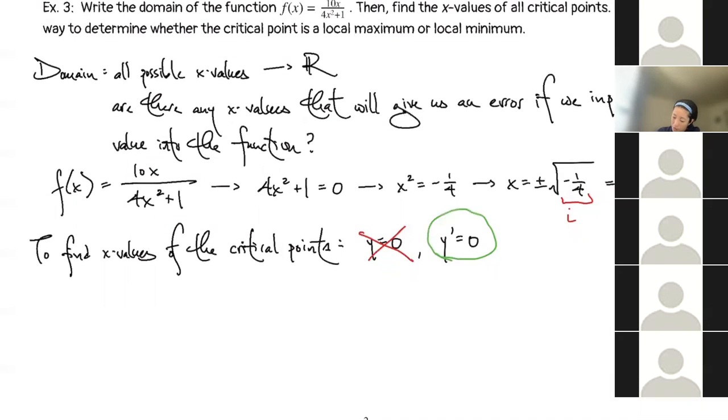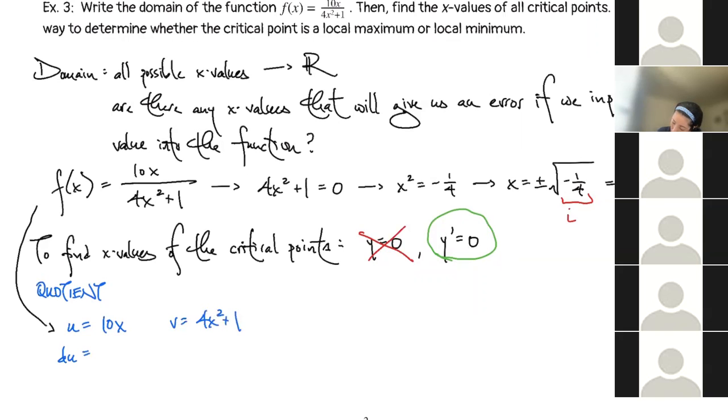So let's grab our function and you folks tell me what rule or rules am I going to need to find that derivative? Yeah, we're going to need that quotient rule. And so we'll go ahead and set that up. We've got u equals 10x, v is 4x squared plus 1.